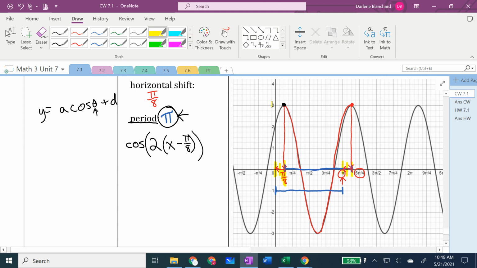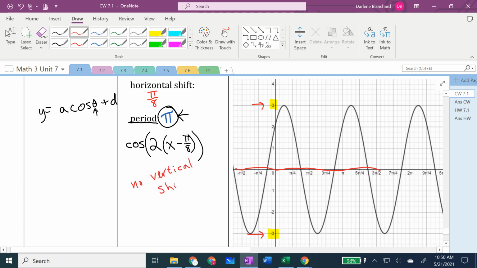This is where I want to look at what is my highest and lowest y value. When my highest and lowest y values are the same but opposite signed, that means my midline is the x-axis. That means that I do not have a vertical shift. And so D is 0, so I don't need to actually write anything down for that.